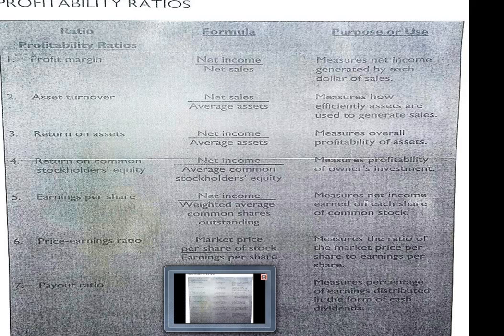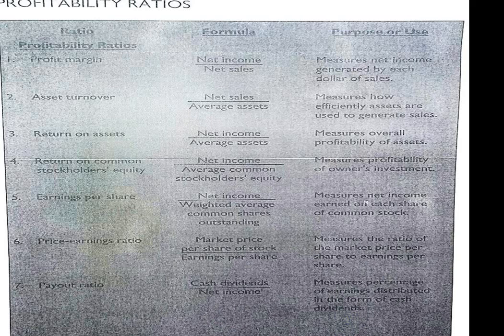The third one, return on assets: net income over average assets. You know the difference between asset turnover and return on assets.